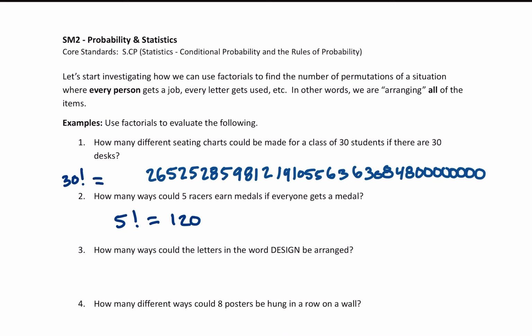Okay, so number 3, how many ways could the letters in the word design be arranged? Well, if we look at design, we've got 6 different letters. So I've got 6 letters, and I want to know how many ways they can be arranged. So 6 factorial, and that gives me 720.